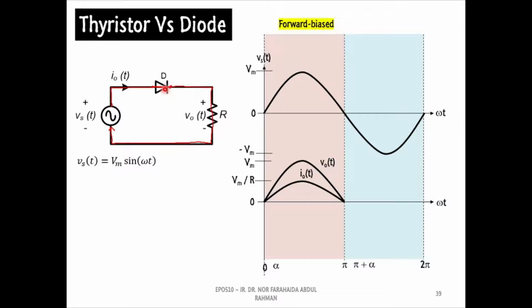As a result, the diode is in reverse bias and it will act as an open circuit. Therefore, no current can flow through it and the output voltage is also zero. Based on this information, we can sketch the output voltage and current waveforms like this.